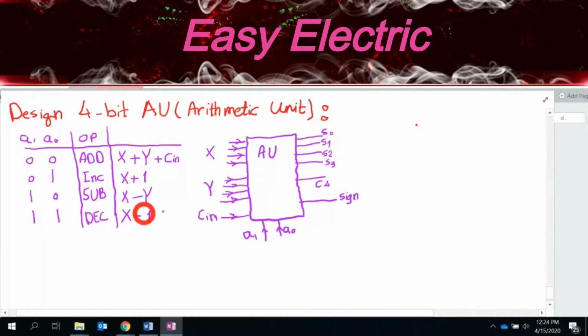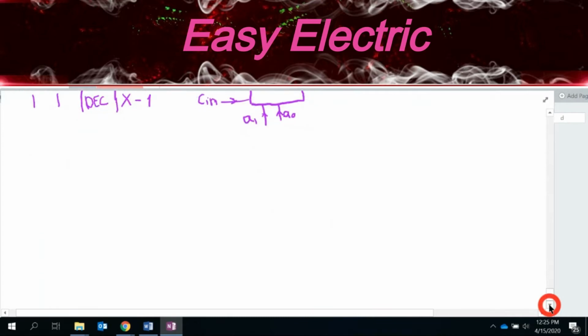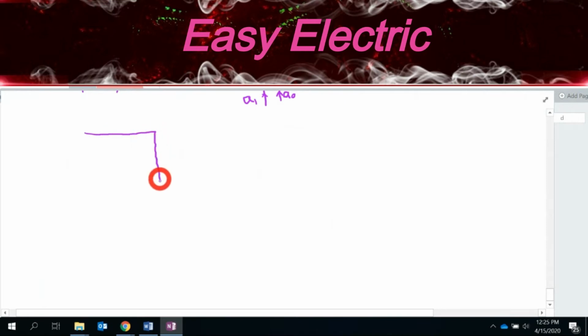Again, the only tool that we have here is the 4-bit adder, okay? So I have just one 4-bit adder.